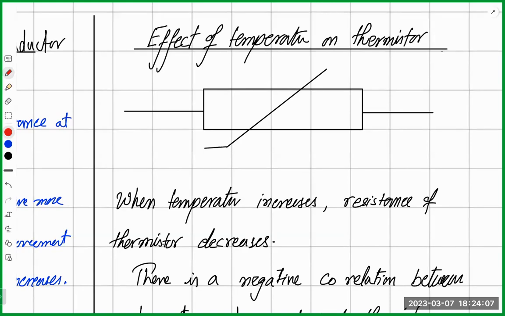If you change the direction of current, they change their resistance. Some change their resistance because of temperature. Some change their resistance because of pressure. Some change their resistance because of the intensity of light. Some change their resistance because of moisture.